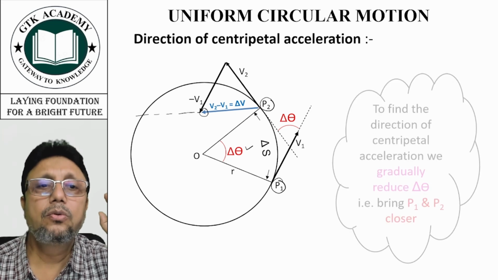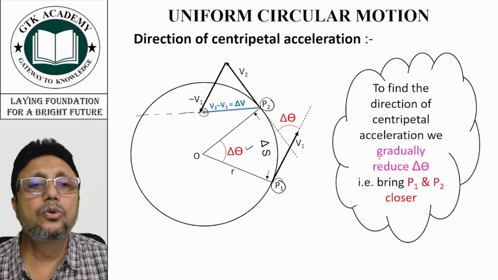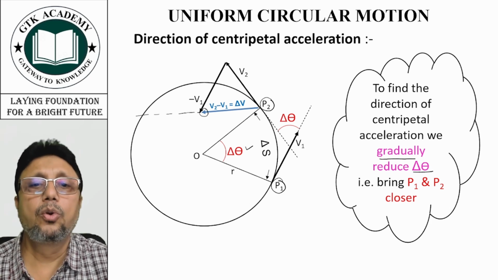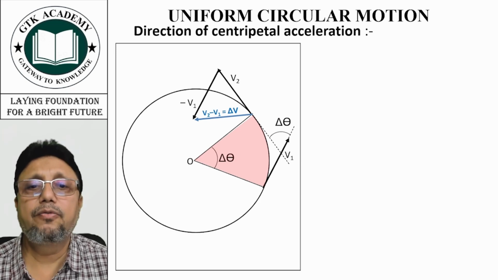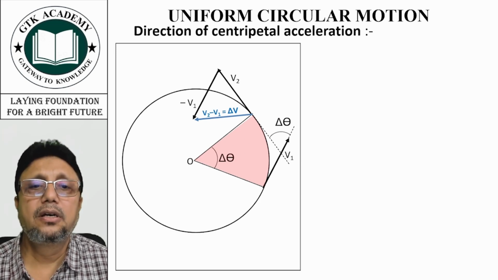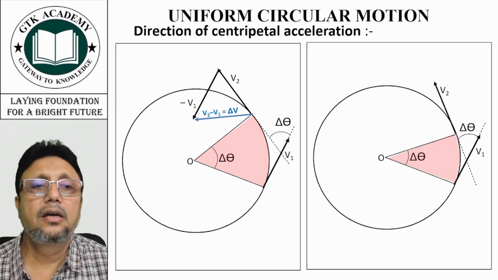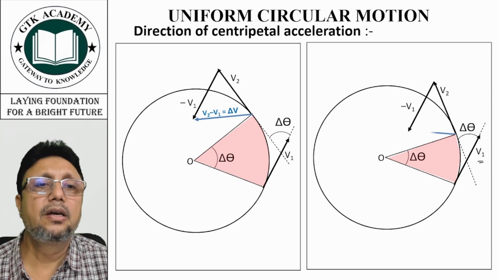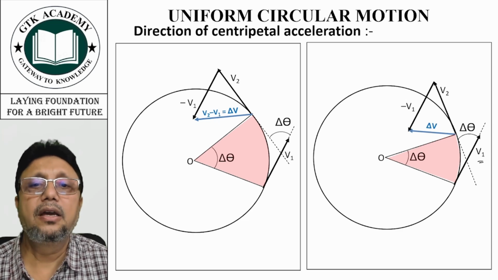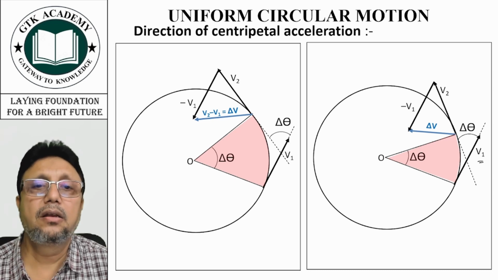So what we have to do is gradually reduce delta theta and bring P1 and P2 closer. Here I have drawn this sector; reduce delta theta. Now P1, P2, although they have not been shown here, they will come closer. Now this is V2 and this is V1. Now V2 minus V1, delta V, has now rotated a bit towards center.